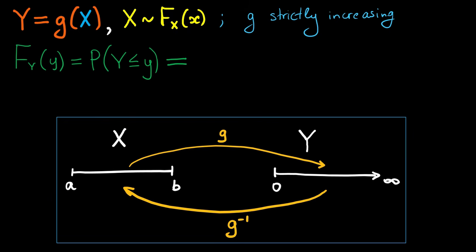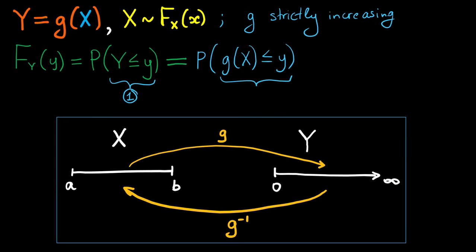So we can just replace y with g of capital X. And let's again remind ourselves that these two events that I numbered here aren't just distinct events that happen to have the same probability, they are exactly the same event, because the randomness of y comes exclusively from x.